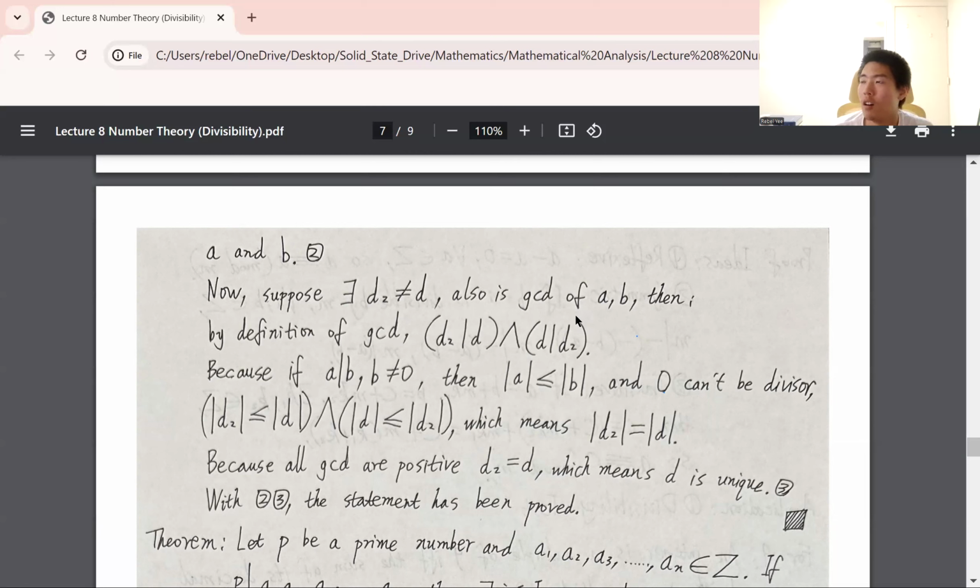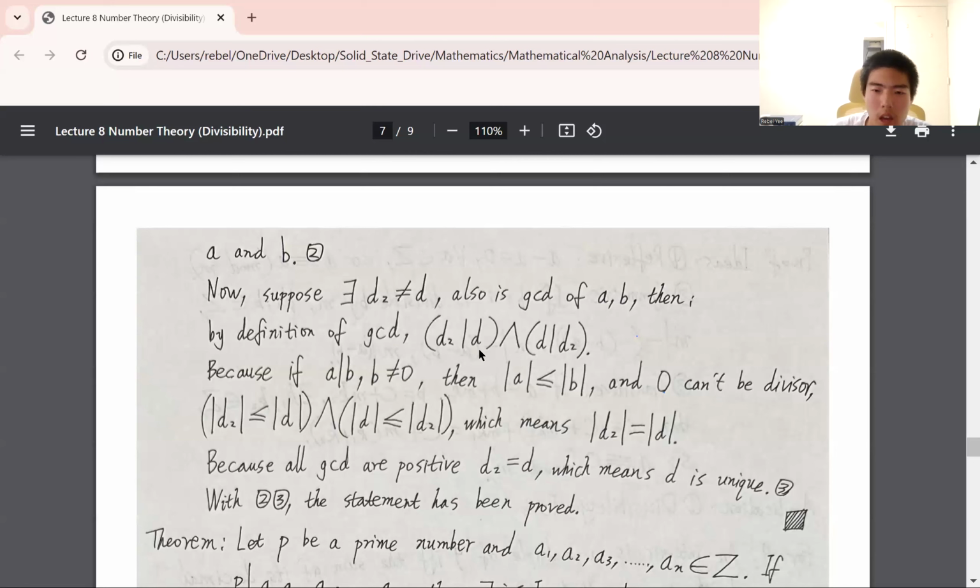So when we consider D is a GCD, then D2, because D2 is also a common divisor of A and B, must divide D, and D is also divisible by D2. And because B is not equal to 0, A must be smaller or equal to B. In this case, A is D2, B is D, right?